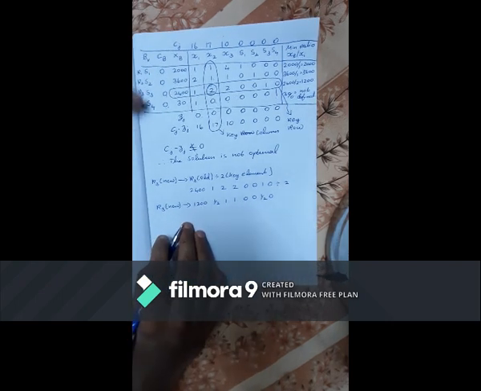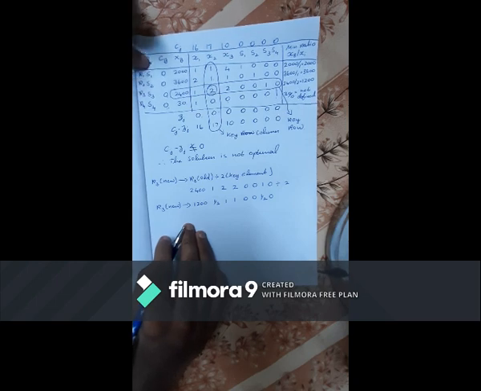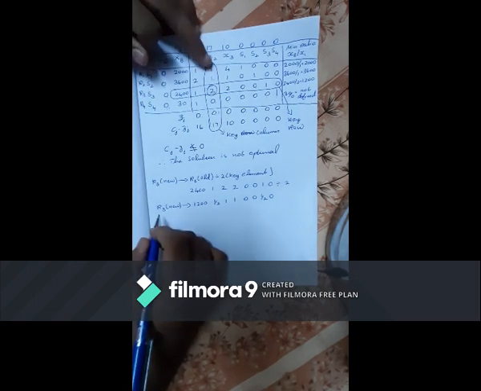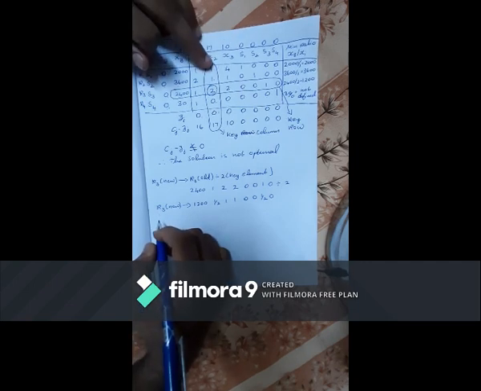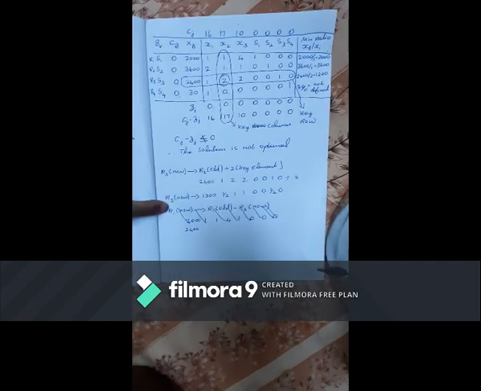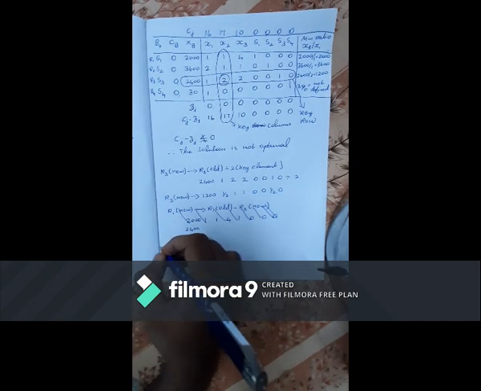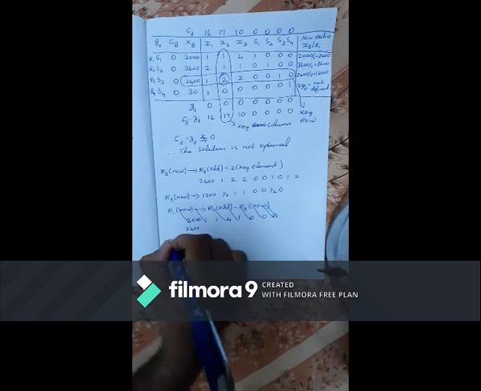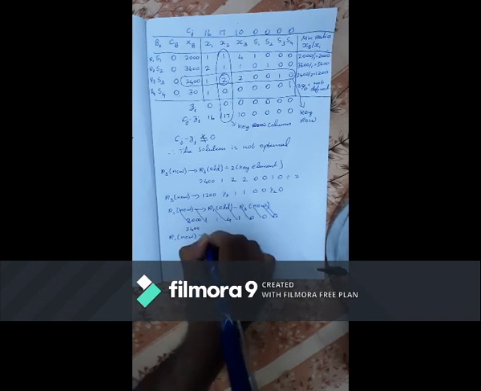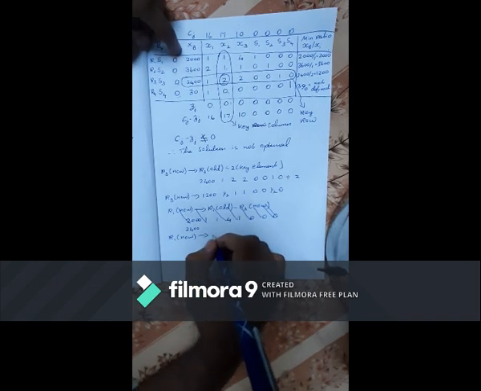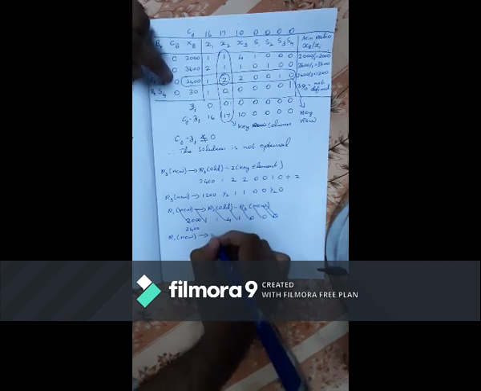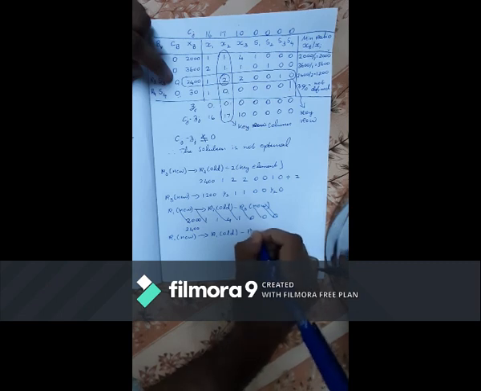Then next we calculate the row R1. So we have to make this 0, right? We have to convert this 1 into 0. So next we calculate the value of R1 new. R1 new is R1 old minus R3 new.